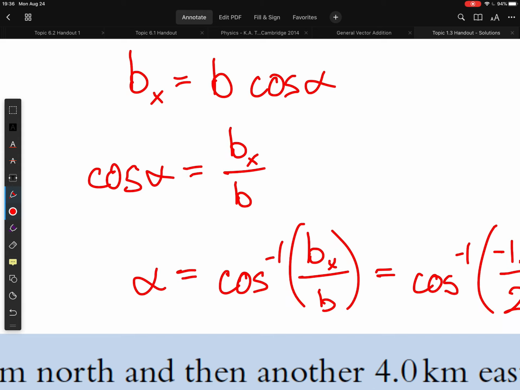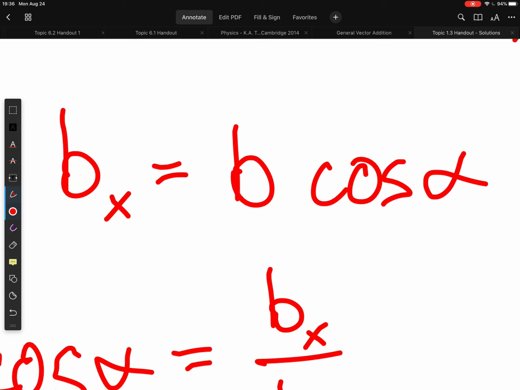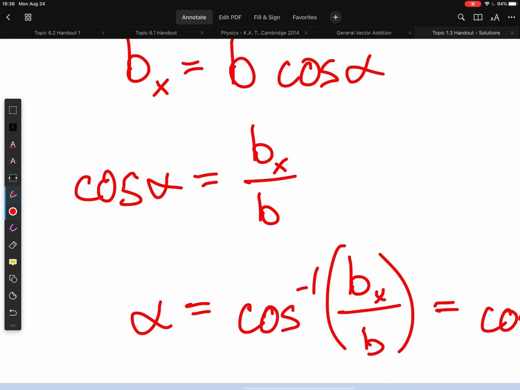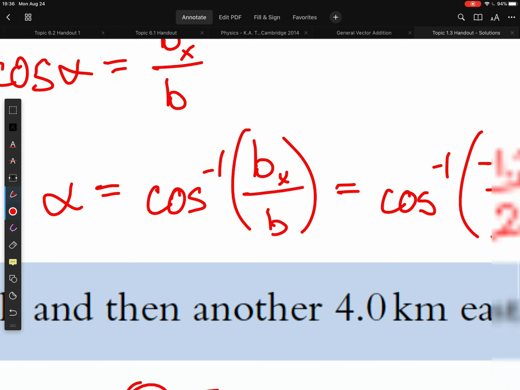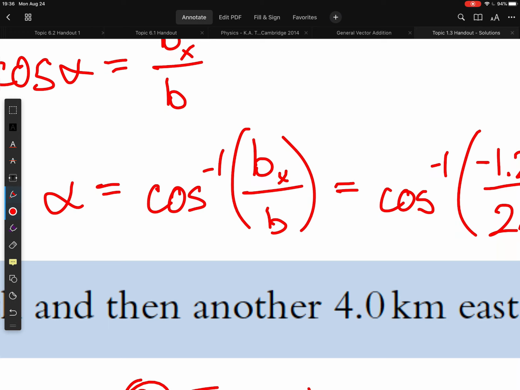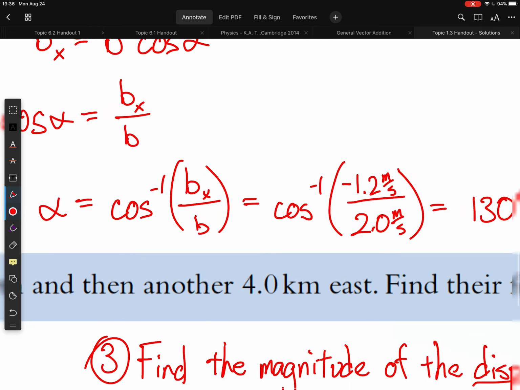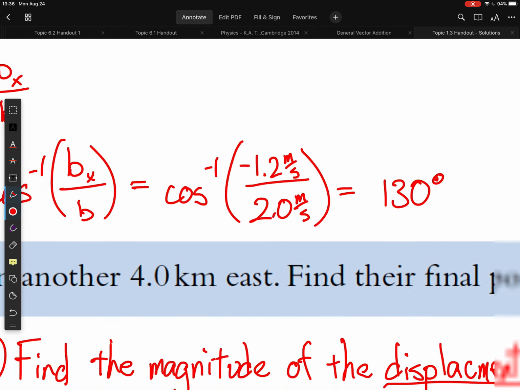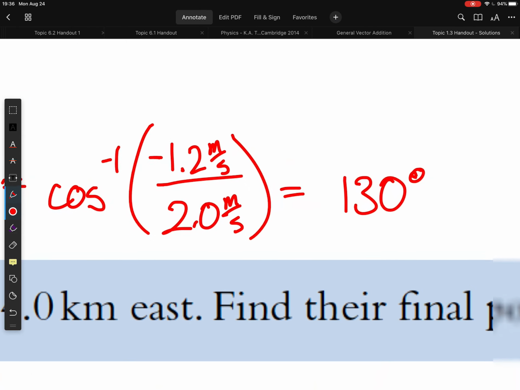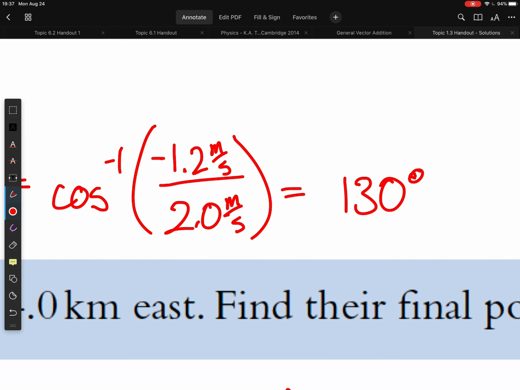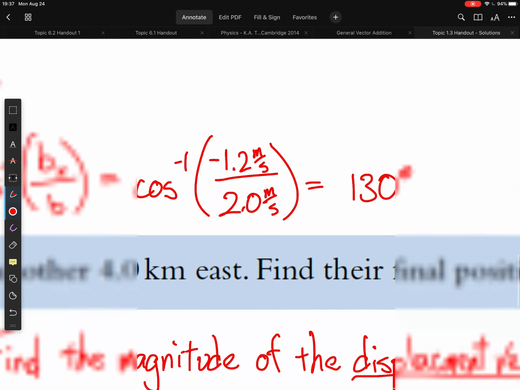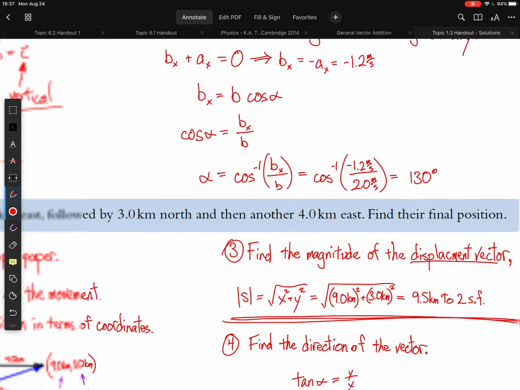Okay, so we've divided both sides of this equation by b, and that gives us this relationship. And once we have that value, we can use the inverse cosine function to find our angle and plug in some numbers here. This is actually not exactly the angle that you would get out of your calculator, but it is rounded off to two significant figures, which is appropriate under these circumstances.